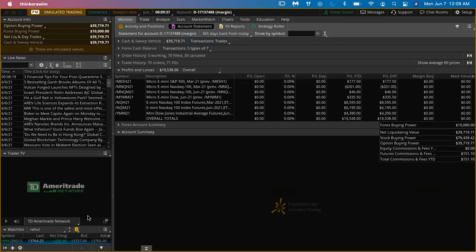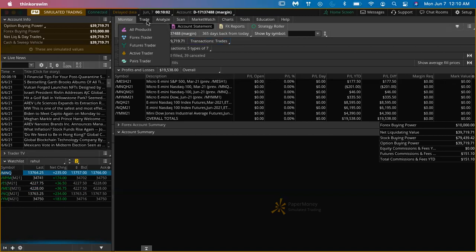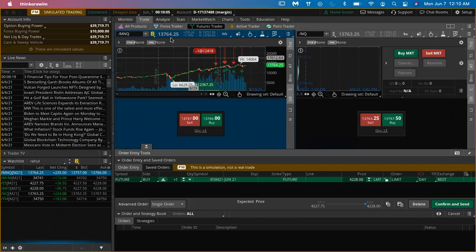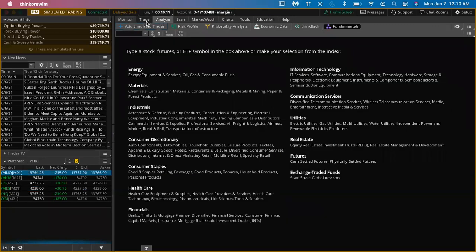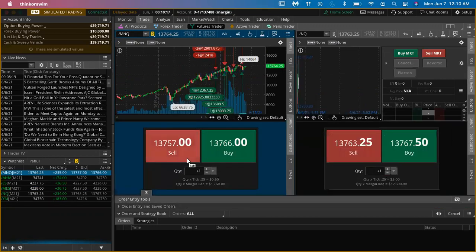So let me quickly show you the difference between the micro lots and mini lots, right? So here you go. Here we are going to talk about micro lots. So let's talk about micro Nasdaq. MNQ is for micro. And here you go into the futures trader and analyze, here futures, right?